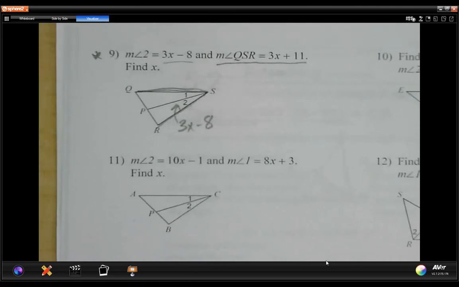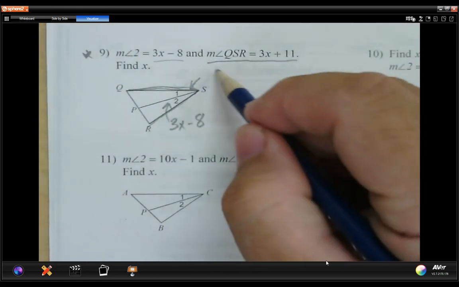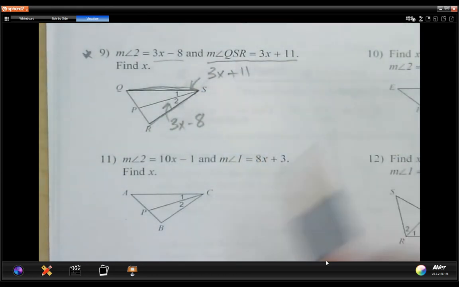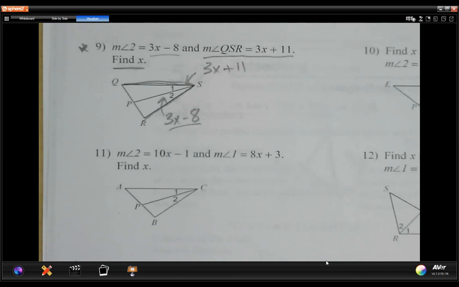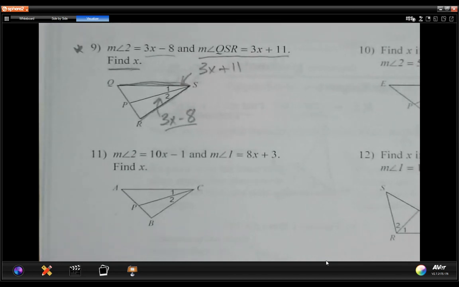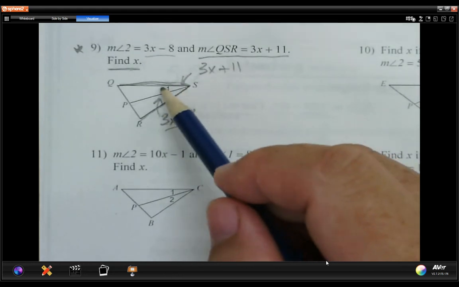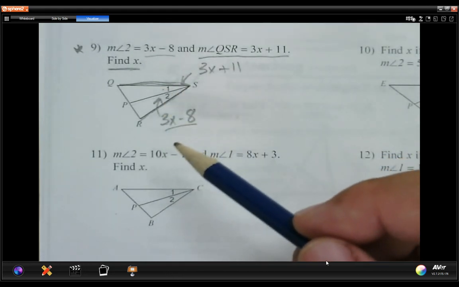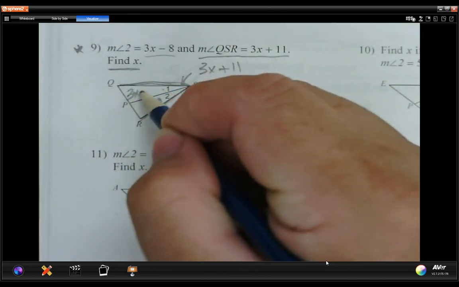How in the world am I going to figure this out? So that means this whole big angle right here is 3x plus 11, but this little part is 3x minus 8, but all I'm really concerned about is figuring out what x is. Well, remember what we said. We said that if this is truly a bisector, angle 2 and angle 1 have to be the same. That means that angle 1 also has to be 3x minus 8.